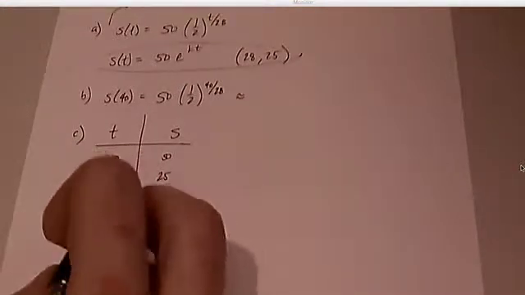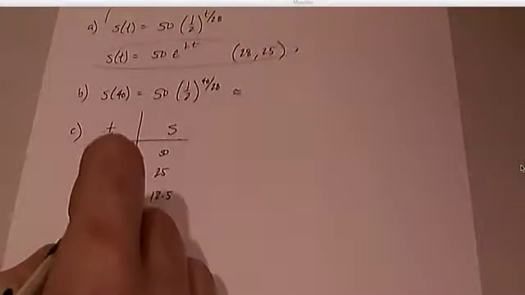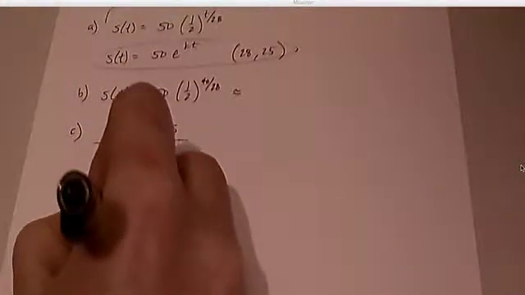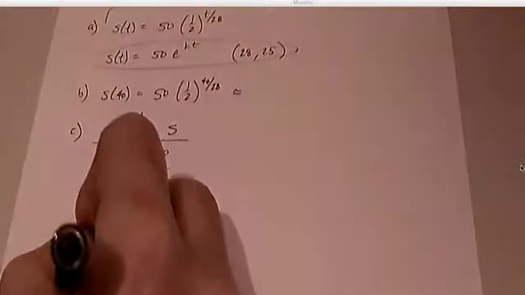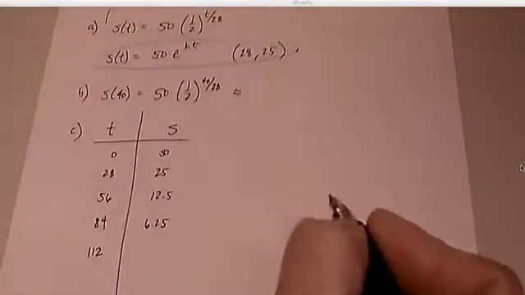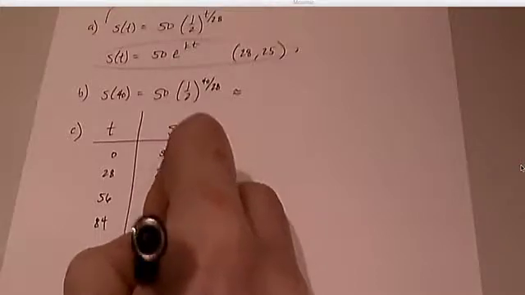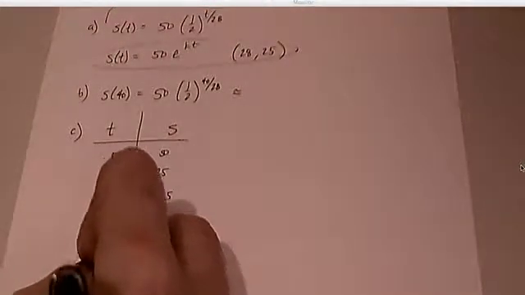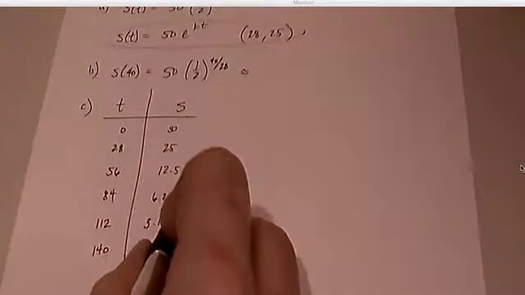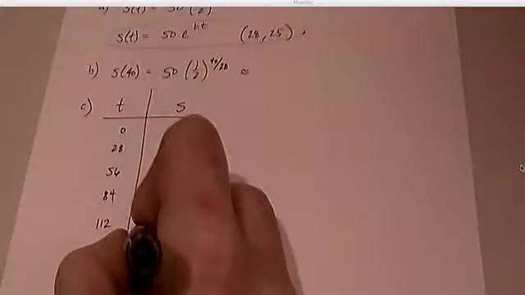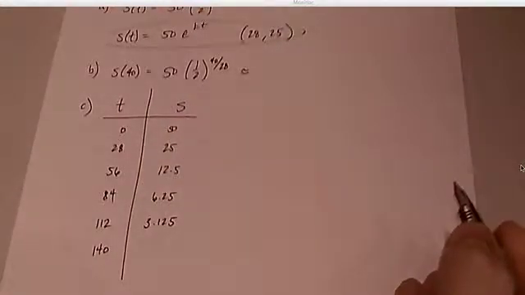Now, after another 28, which is going to be 84, you're going to have 6.25, and then after another 28, you're going to have 3.125, and then after another 28, you have 140. You're going to have half of that, so you're going to have a little more than 1.5.